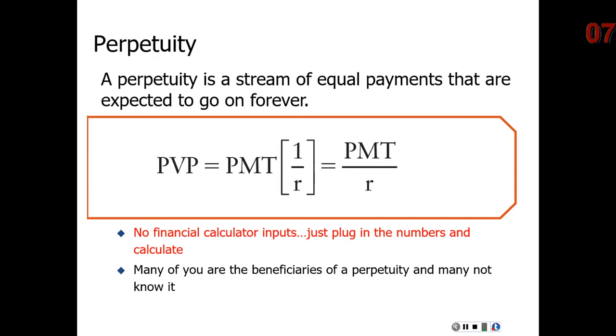Once you've invested the money, then it's going to earn interest, and you're going to then use that interest for whatever, but you're never going to touch the principal. So if the principal is not changed and the interest rate is not changed, then the cash flow or the payment is not going to change.